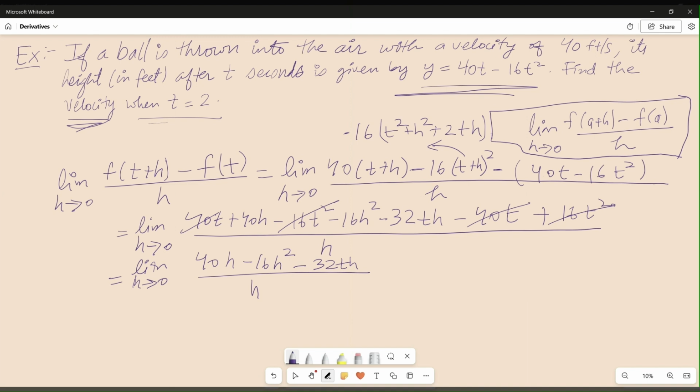Let's see how we simplify it. h is common, and we can also factor out a 2. Let's take 2h, because 20 times 2 is 40.